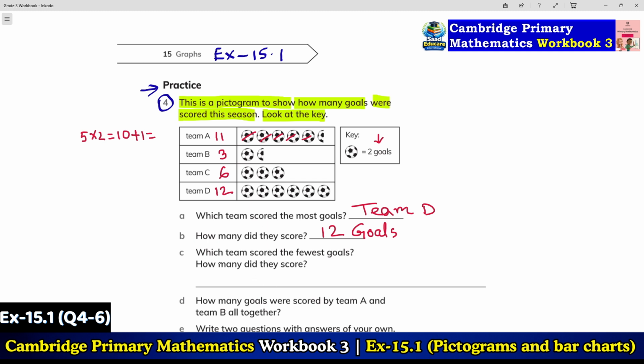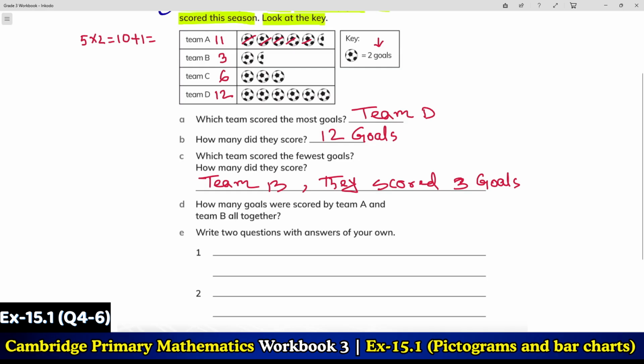Fewest goals is team B. Team B scored 3 goals, right? 3 goals. Part D, how many goals were scored by team A and team B all together?